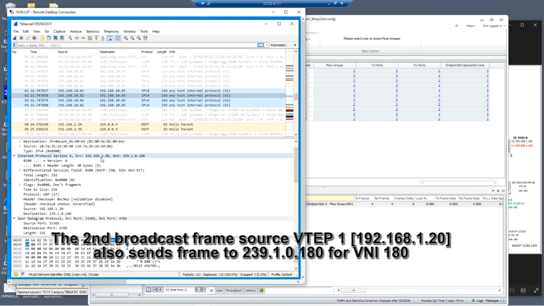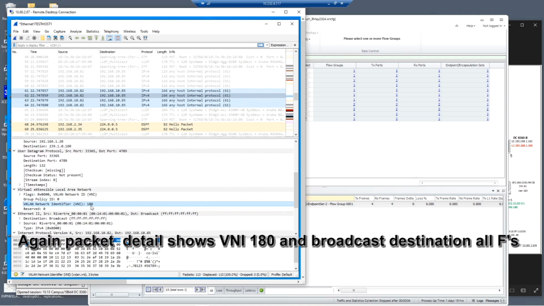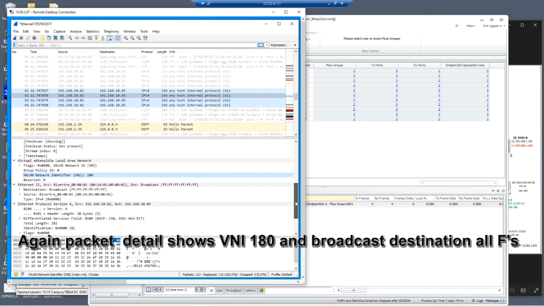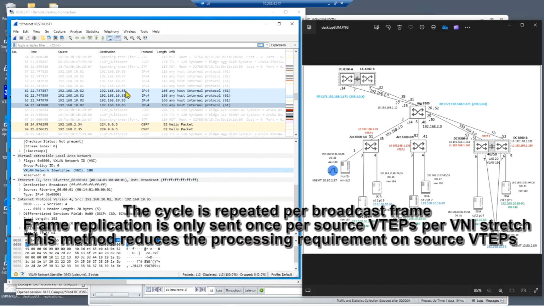The second broadcast frame from source VTEP 1 at 1.20 also sends a frame to 239.1.0.180 for VNI 180. Again, the packet detail shows VNI 180 and broadcast destination all Fs for this packet too. The cycle is repeated per broadcast frame.